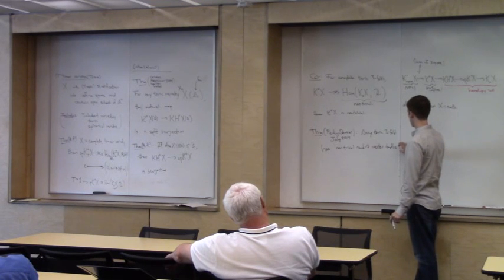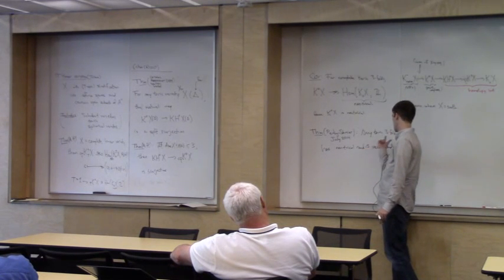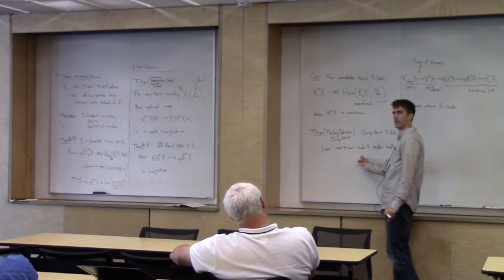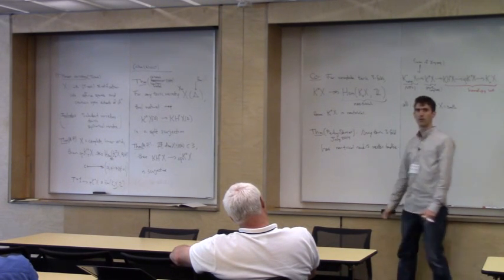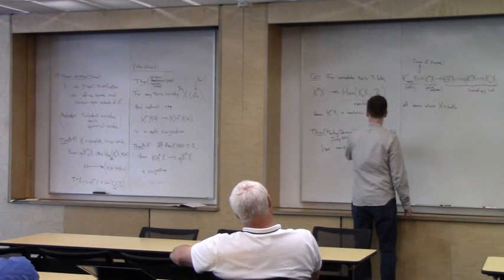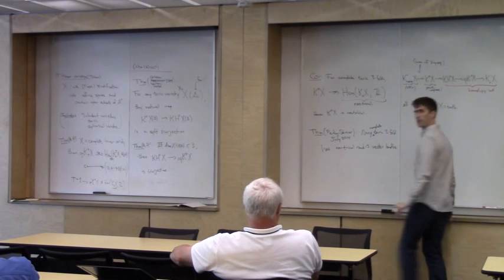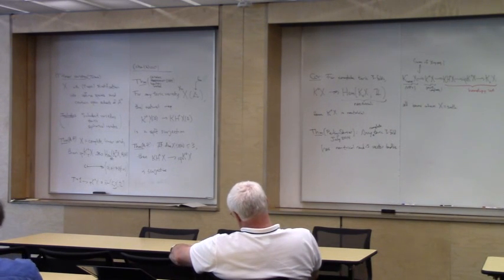So this is somehow sharp because I think Sam Payne had found an example of a toric threefold that had no rank 2 bundles and no line bundles. Oh, yeah, thank you. Toric threefold.